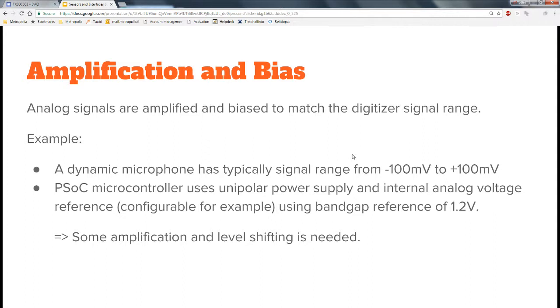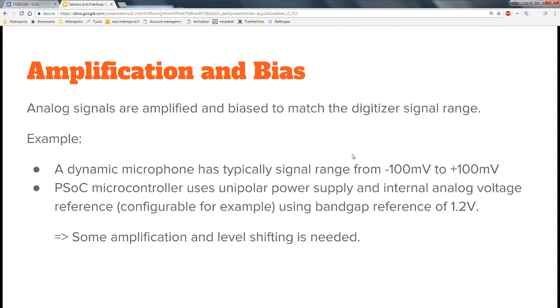Okay, but by default it gives a bipolar output signal in around plus minus 100 millivolts range. But for example, a PSoC microcontroller may have a 5-volt power supply, as it has if you power it from the programmer pod.